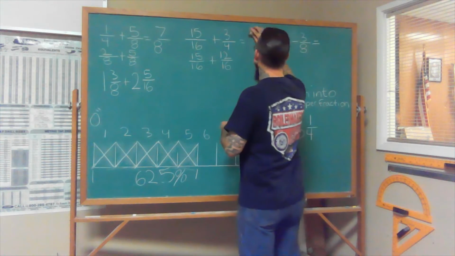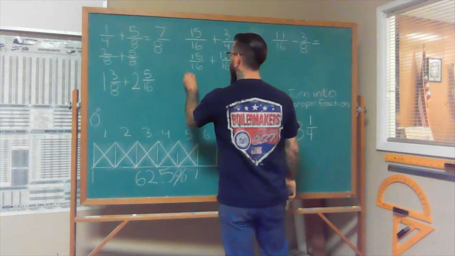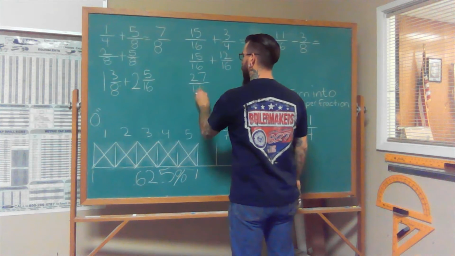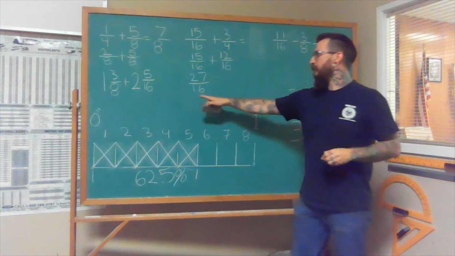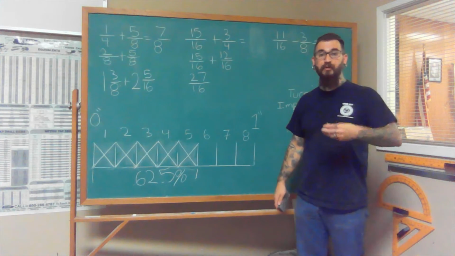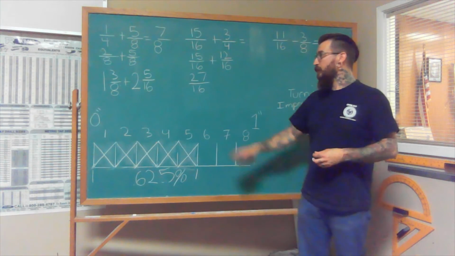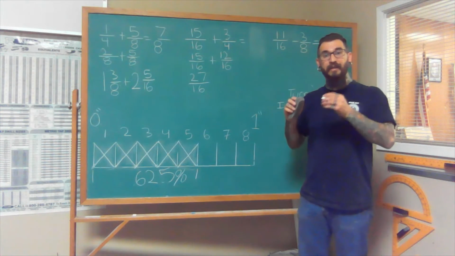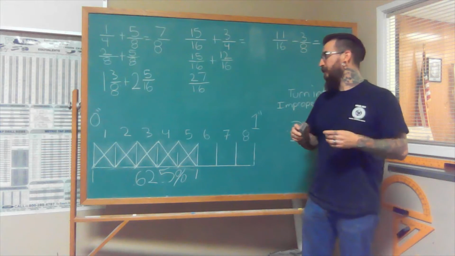So we know that, put this down here. Now we know 16 only goes into 27 one time, because 16 times 2 would give us 32. So we know that our whole number is going to be 1. We know we have at least 16 holes in there.